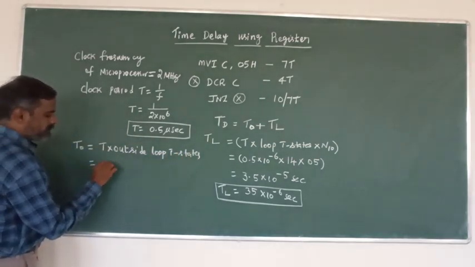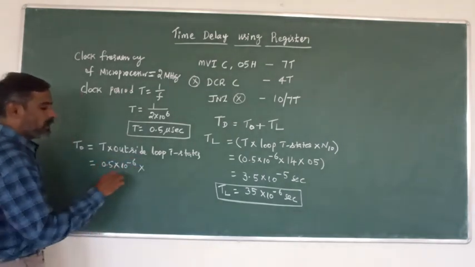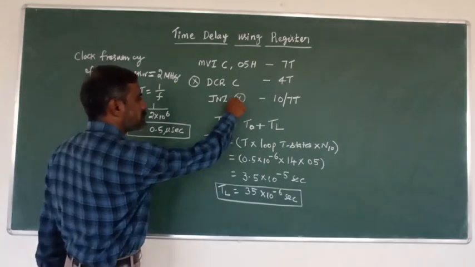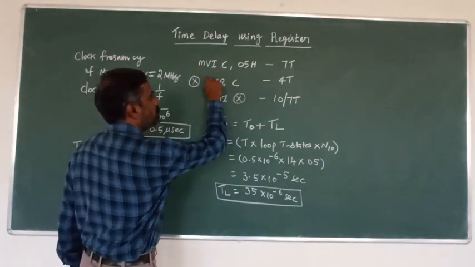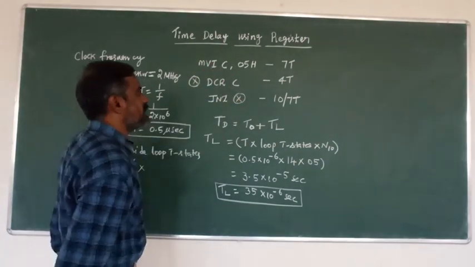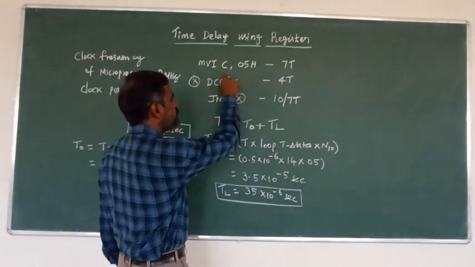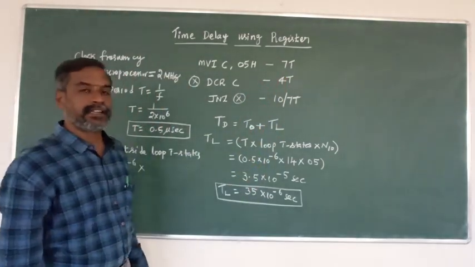Time period 0.5 into 10 to the power of minus 6 into outside loop T states. The outside of the loop is only MVI C, 05, which requires 7 T states.